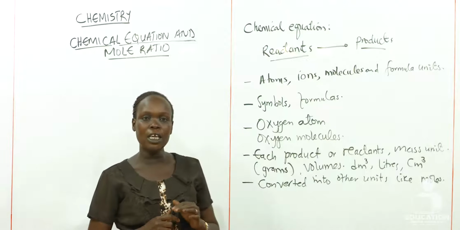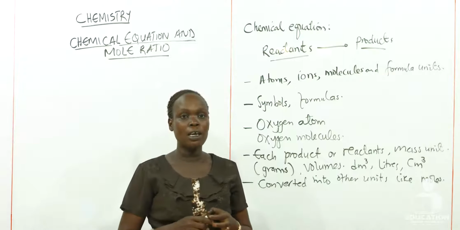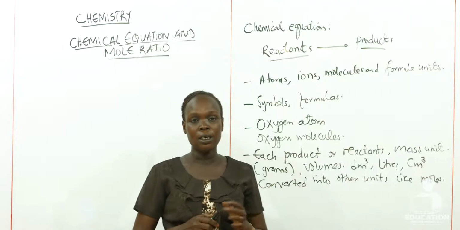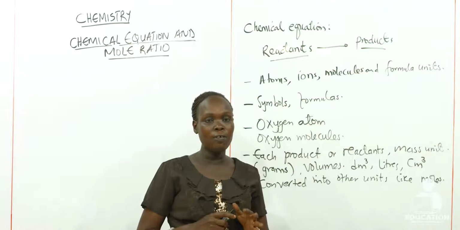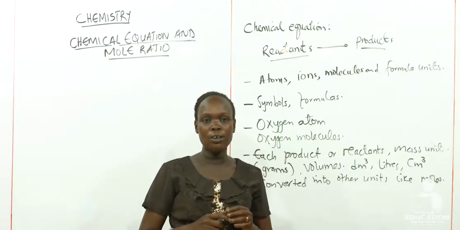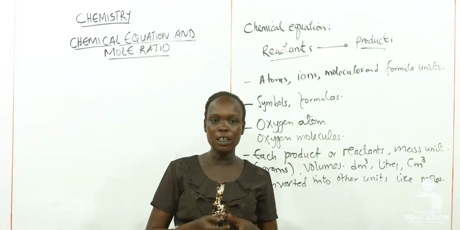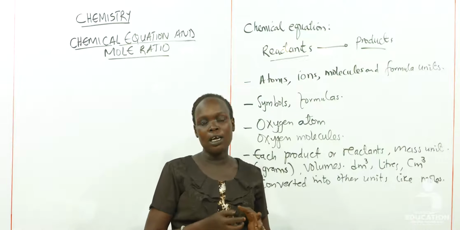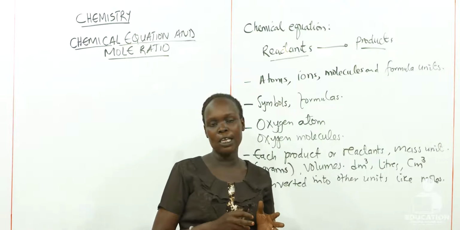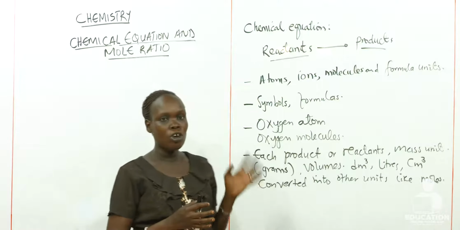So if you are given a reaction of zinc with sulfuric acid, the products are zinc sulfate plus hydrogen gas being evolved. If you represent it with words, then we shall not have clear information about the state of the reacting substances or the products.